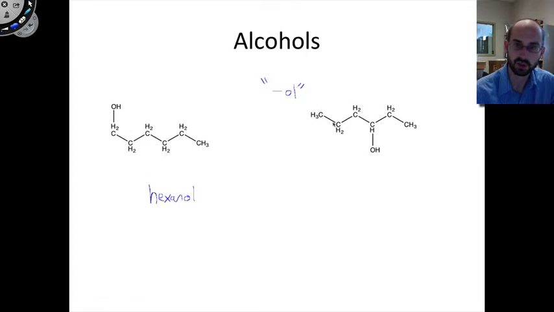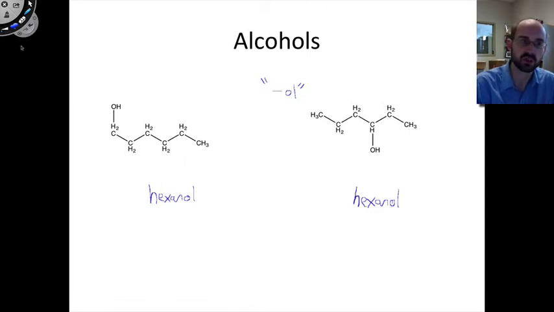This one would also be hexanol, 6 linear carbons with 1 alcohol functional group. But I hope you're saying here now, wait a minute, these two molecules are most definitely not the same. You're going to have different boiling points, different solubilities in water, that sort of thing. This one has the alcohol, the OH is part of the terminal carbon. Here, we're right in the middle of the molecule.